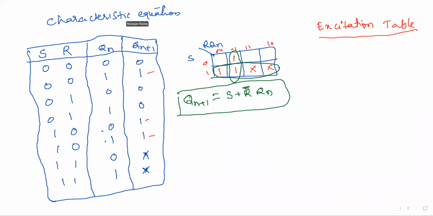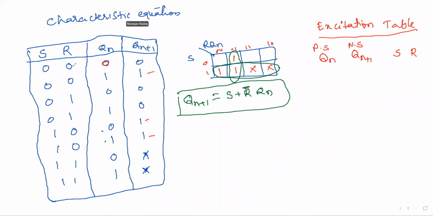You see, my output is Q. I'll be calling it Qn and Qn plus 1. I'll be calling it the present state and the next state, right? So what is the necessity of the SR flip-flops? See here, Qn is 0, present output 0 only.